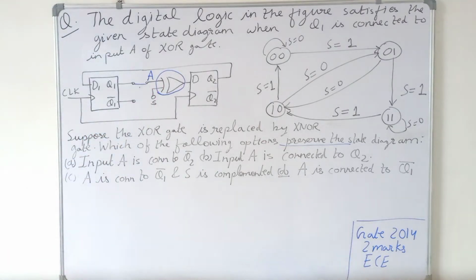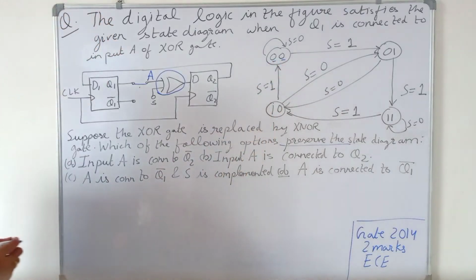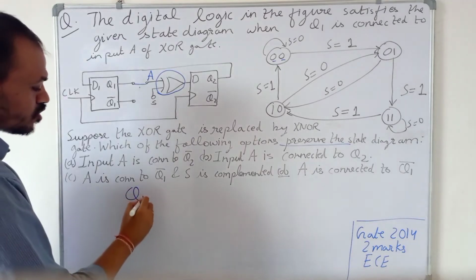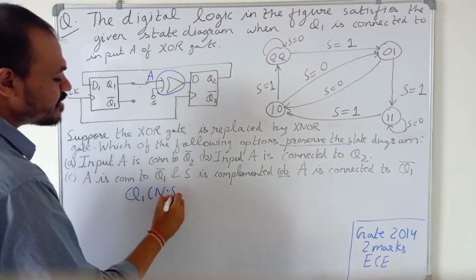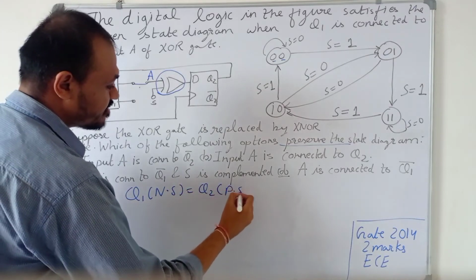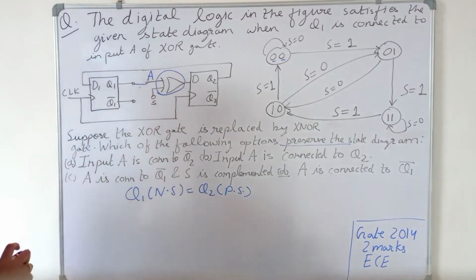First of all, if you want to verify this state diagram, you can do it. This is Q1, this is Q2. The next state of Q1 has to be equal to the present state of Q2. This is the first equation.